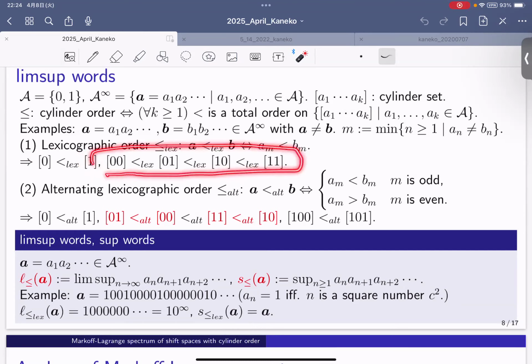In this case, 0 and 1 appear in the usual order, 0 is less than 1. In the case of length 3, odd length gives the usual order. And for example, 1, 0, 0, 1 is less than 1, 0, 0, 0, because this is even.